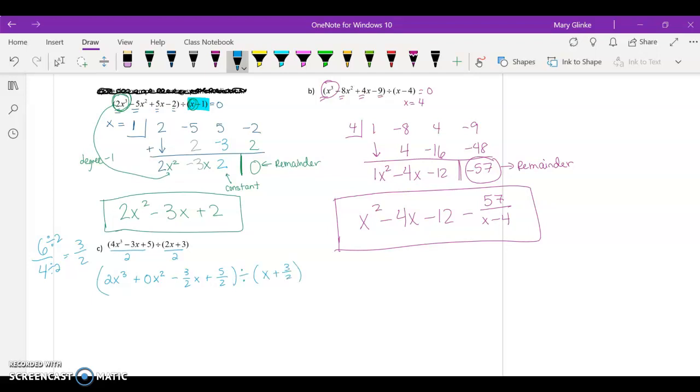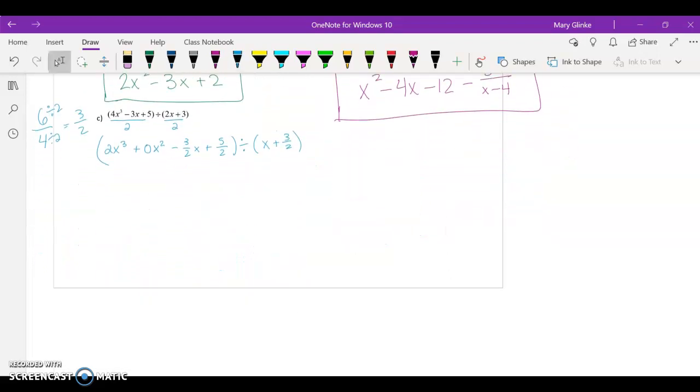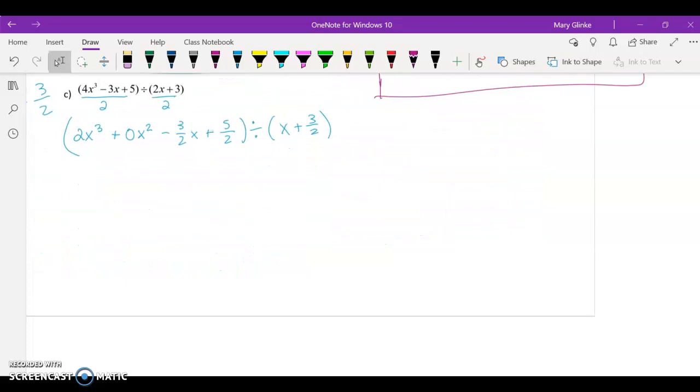And now it's set up where it's x plus a number, so we can go ahead and do synthetic division now. I'm going to find the 0 here. You get x equals negative 3/2, so negative 3/2 goes in the box. We're going to do 2, 0, negative 3/2, and 5/2 as our coefficients.